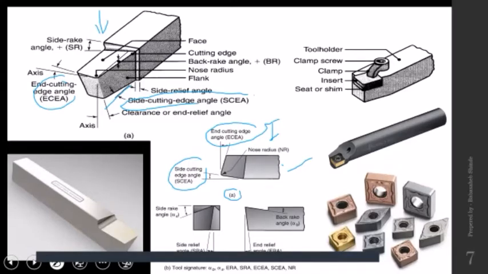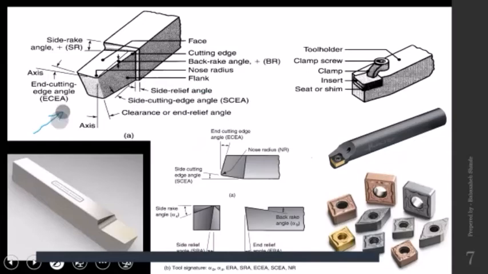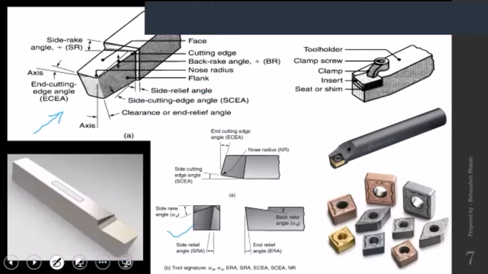If I look at the same cutting tool in this direction, this B view will be visible. In that view, I can represent two inclinations. First, the side rake angle, which is the inclination of this face with the horizontal.